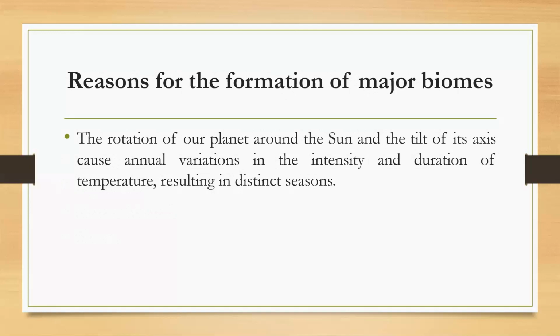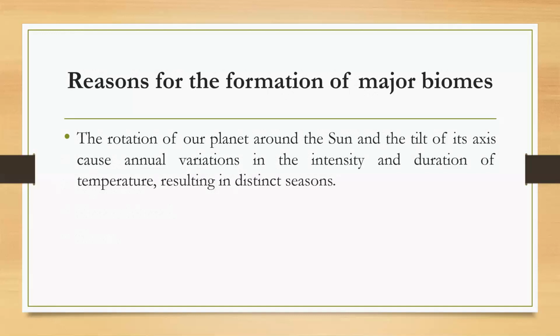The earth is rotating on its own axis, and it is revolving around the sun. The revolution of the planet around the sun and the tilt of its axis cause annual variation. So this kind of movement of the earth causes annual variation.